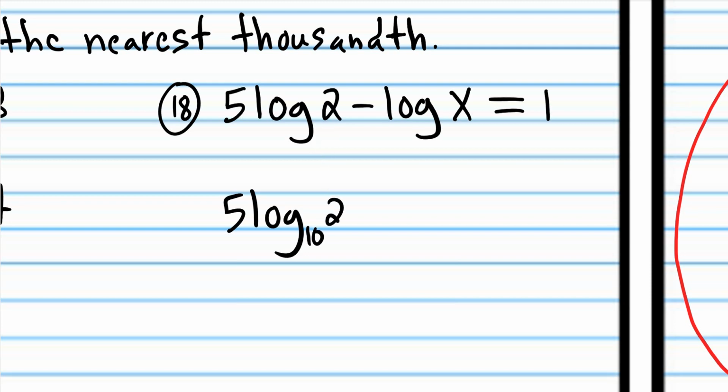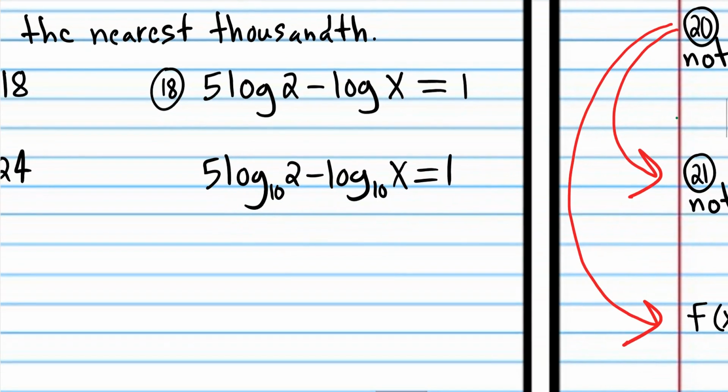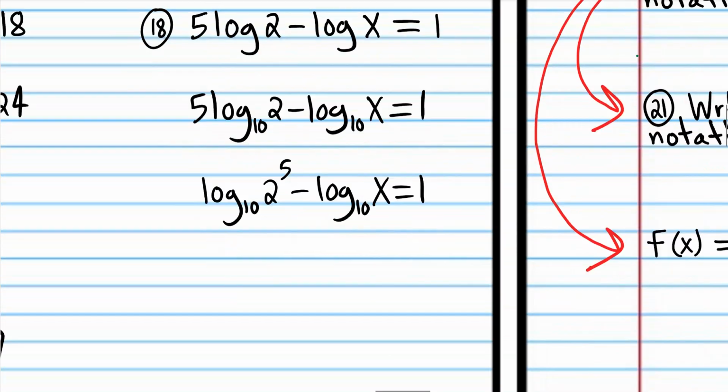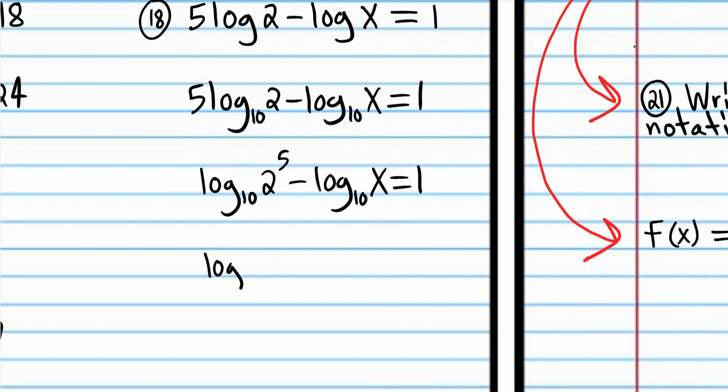So let's recognize that we have base 10 logarithms. And now let's use logarithm property 7 to raise that 5 up. So now we have log base 10 of 32.